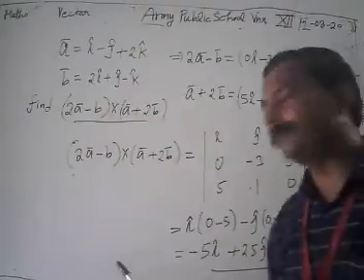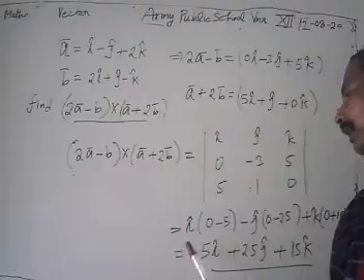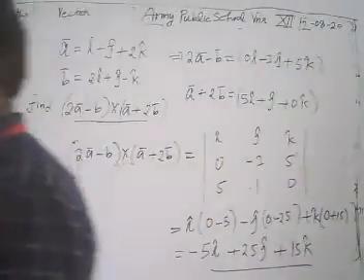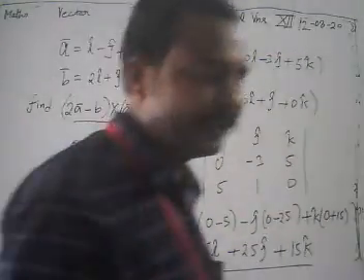Or we can also write it by taking minus 5 common: minus 5 in brackets, i cap minus 5j cap minus 3k cap. Whatever you can mention as your answer there.